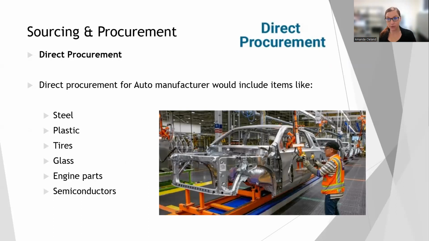So another example, direct procurement for an auto manufacturer could include those raw materials that will be used to actually create the vehicle: the steel, the plastic, the tires, the glass that will be the windshield and the windows, the engine parts, the semiconductors. These are all things that direct procurement would be responsible for buying.